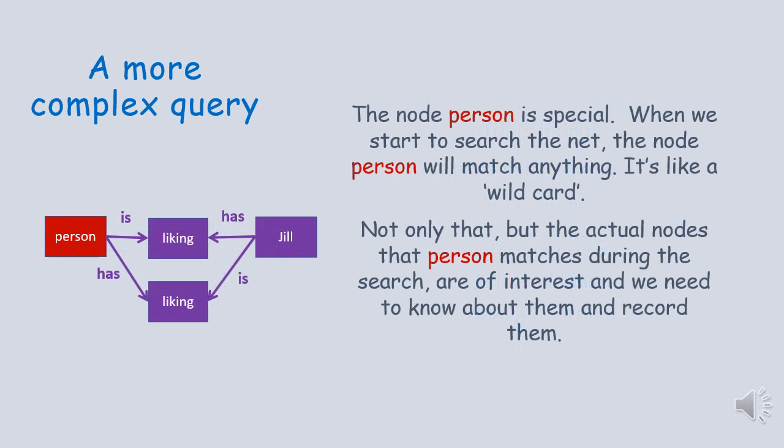The node person is special. When we start to search the net, the node person will match anything. It's like a wild card. Not only that, but the actual nodes that person matches during the search are of interest to us, and we need to know about them and to record them.